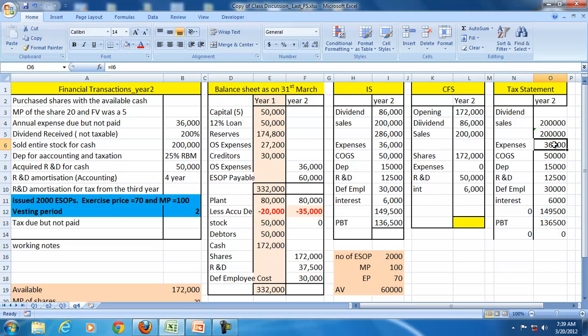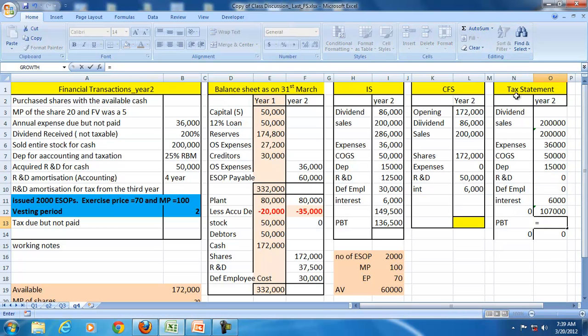Expenses same as accounting, COGS same as accounting, depreciation same as accounting, R&D in this year no amortization. Generally the deferred employee cost is not allowed as an expense, so the total allowable expenses for computing the taxable income is 107,000.